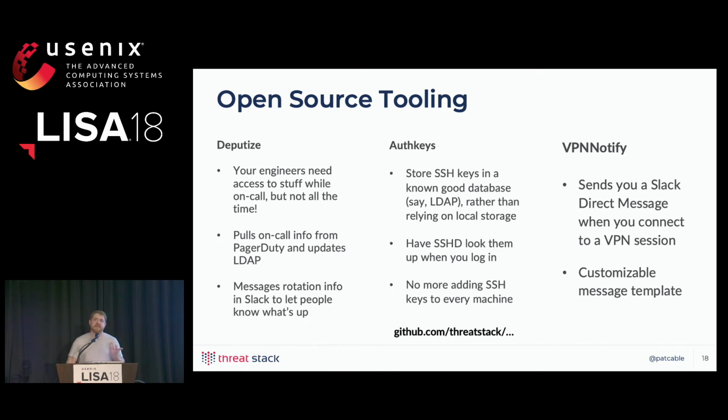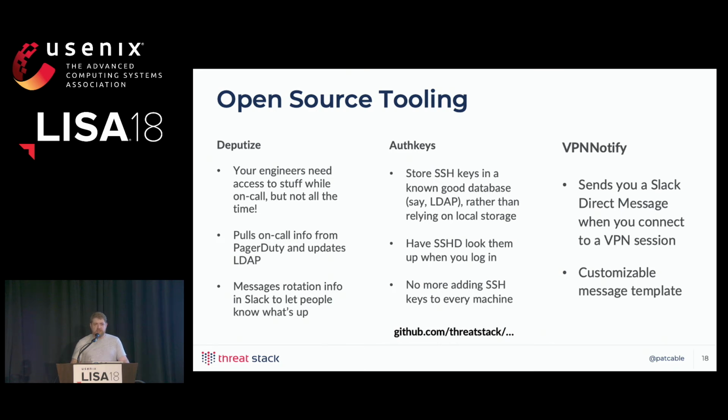Similarly, instead of letting people use whatever SSH key they want, we use YubiKeys to SSH into all of our infrastructure. And we store that public key in LDAP using a little tool called authkeys. This will replace an authorized keys file so that our users can't go in and add their own insecure SSH key.